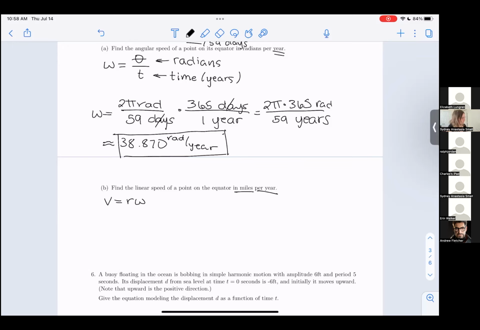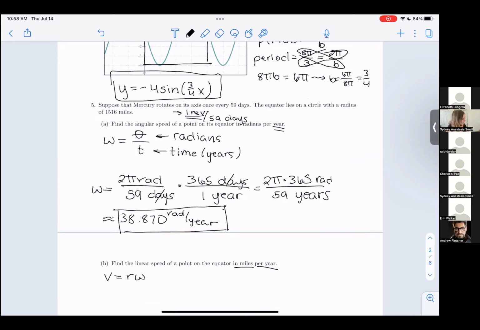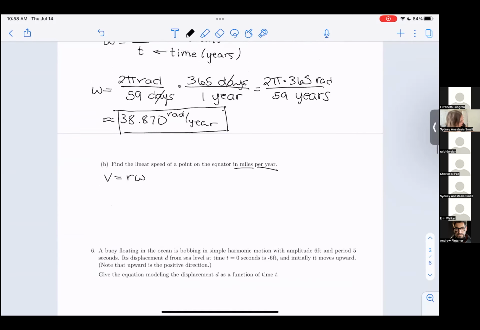Okay, so our radius as given in the problem is 1,516 miles. And we know that we want this linear speed in miles per year. So cool, we don't even need to do any conversion with the radius. We can just plug it into our handy dandy formula right here and we're good to go.